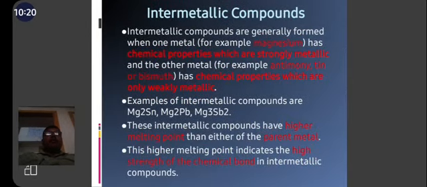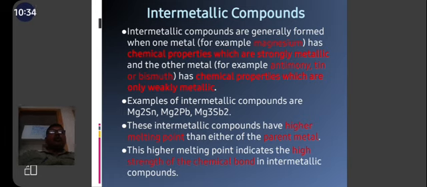Intermetallic compounds are generally formed when one metal, for example magnesium, has chemical properties which are strongly metallic, and other metals, for example antimony, tin or bismuth, have chemical properties which are only weakly metallic.